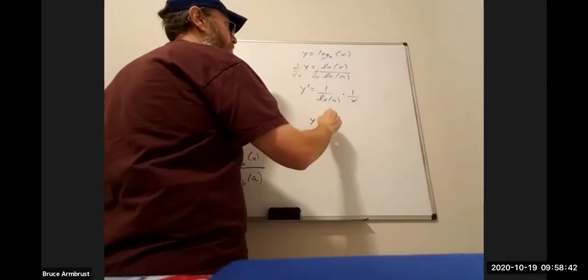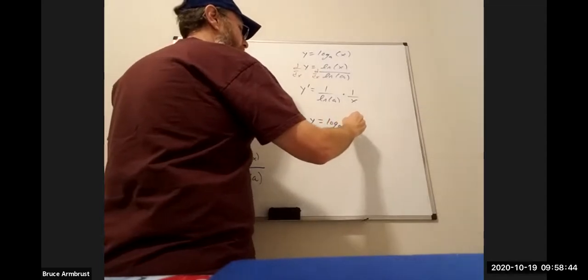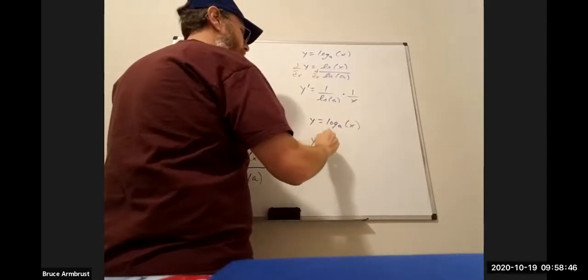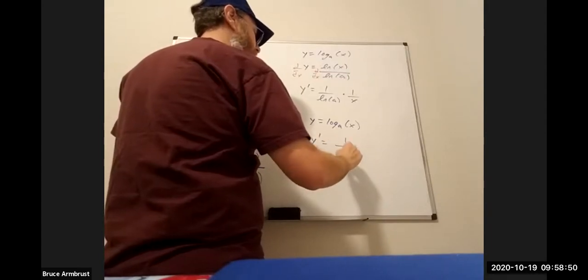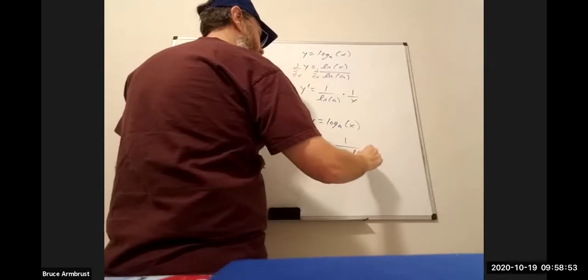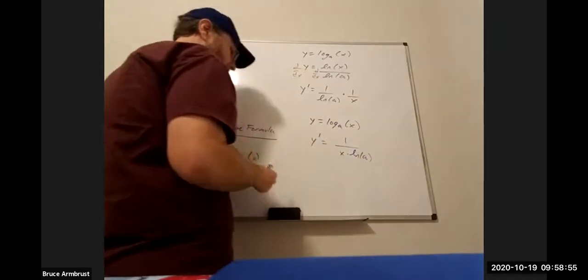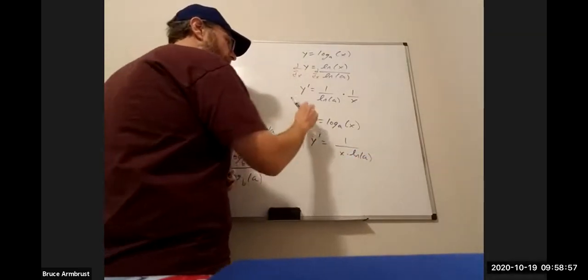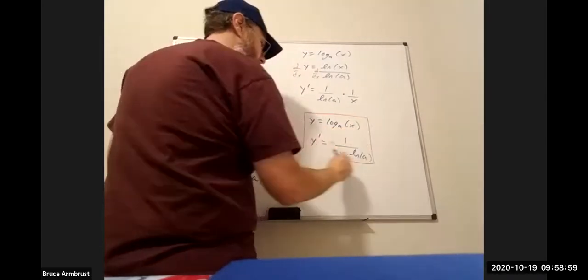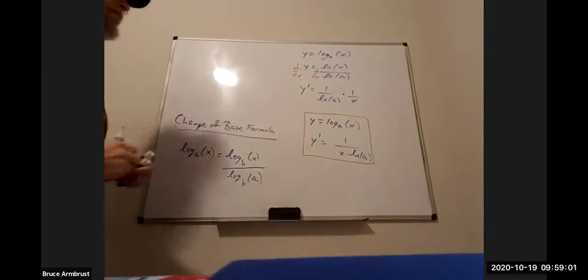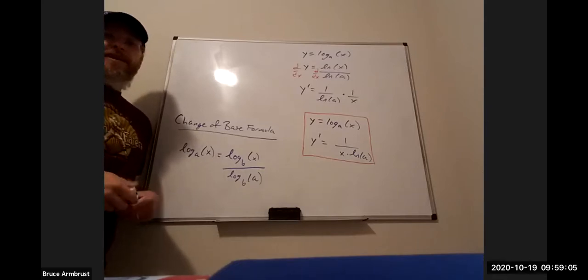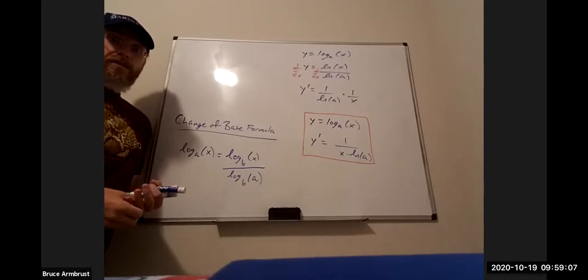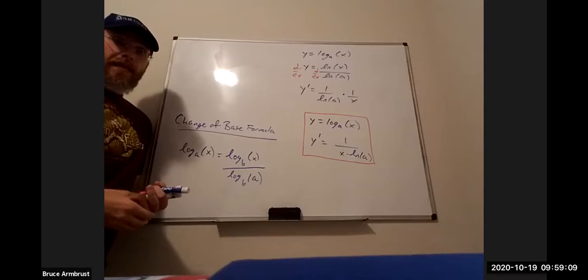If we've got y equals log base a of x, then y prime is 1 over x times the natural log of a. So you can go ahead and put a box around that, because there is your derivative of any log, any base.